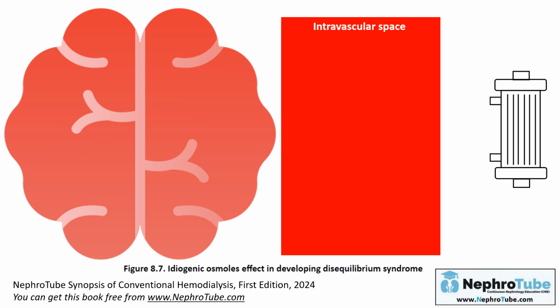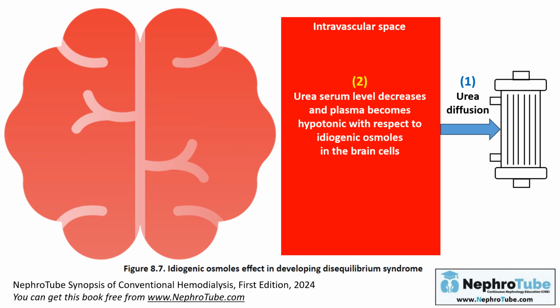In this theory, when there is urea diffusion, as we mentioned before, there is a decrease in the serum urea level and hypotonicity of the intravascular space. The brain cells accumulate what are called idiogenic osmoles. These osmoles were retained by the brain cells in patients with uremia. Before starting hemodialysis, this patient has a high level of urea in the blood, which will increase the osmolarity of the blood, and this may cause a shift of water from the brain to the blood.